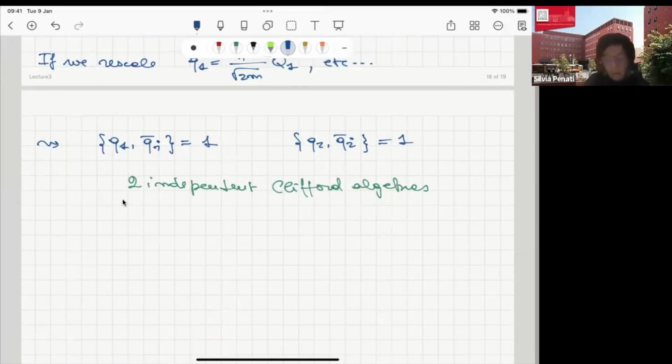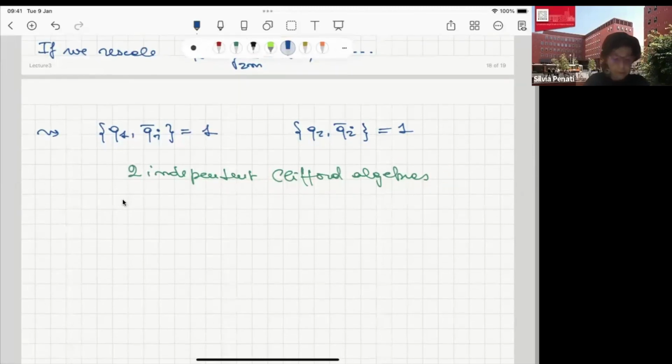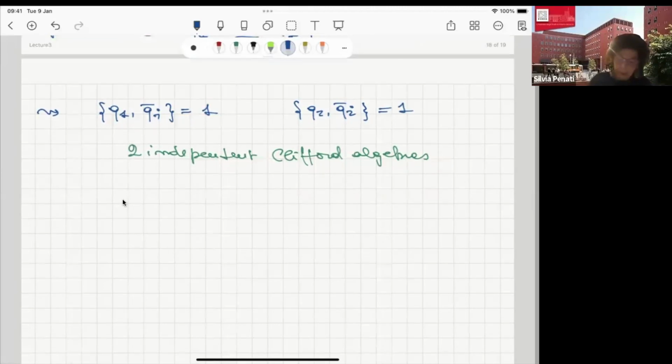This is simply what happens if you consider the commutator of M12, which is the third component of the angular momentum, with Q1 and Q bar 1 and Q2 and Q bar 2. In any case, what I can do here is to now generate a representation of these two independent Clifford algebras, as we usually do when we have the algebra of creation and annihilation operators.